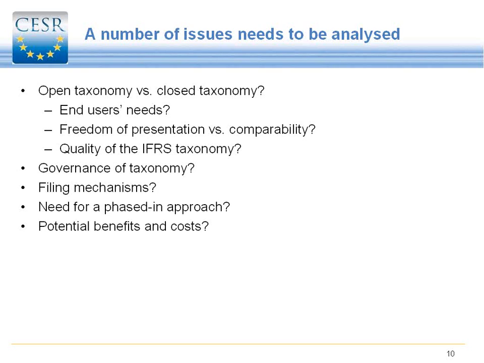Perhaps there is a need to have a phased-in approach, for instance, to cover first only large cap issuers, then extend to small and medium cap issuers as well. And of course, a phased-in approach would also mean perhaps voluntary filing at the first stage, then mandatory filing at a later stage.